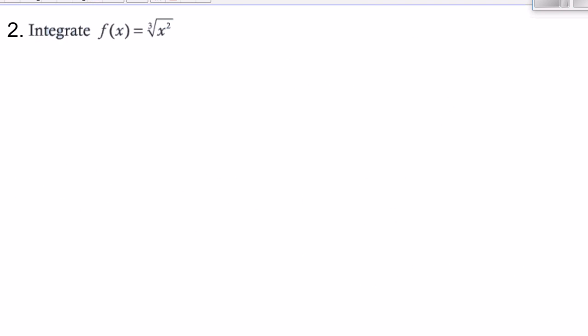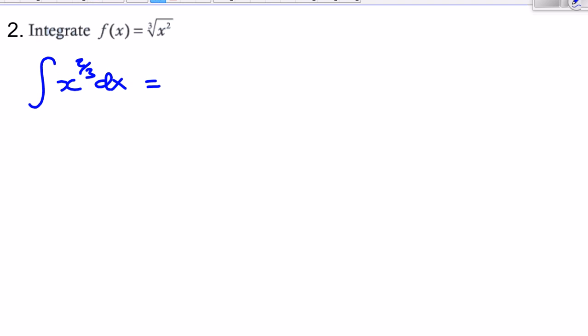Okay, let's continue with number 2. The integral of x to the power of 2 over 3, and we're integrating with respect to x.